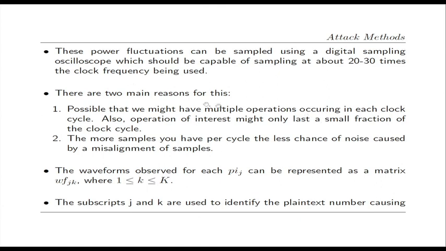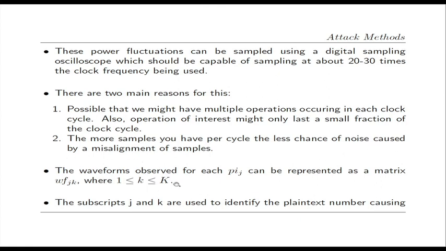There are two major reasons for this. It is possible that we might have multiple operations occurring in each clock cycle. Also, the operation of interest might only last for a small fraction of the clock cycle, and the more samples you have per cycle, the less chance of noise caused by the magnitude of the sample.